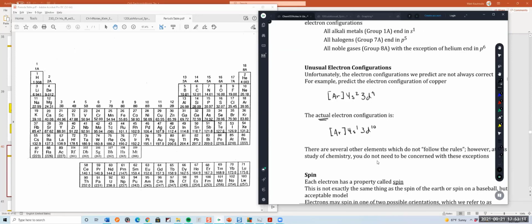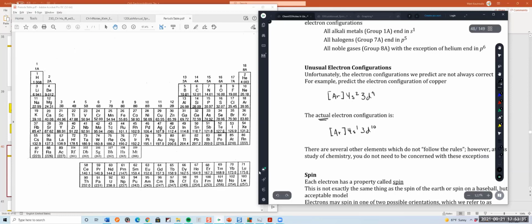So lots of little exceptions. As you get lower and lower, the predictions start getting wrong many times. In fact, most of these that are predicted are wrong.